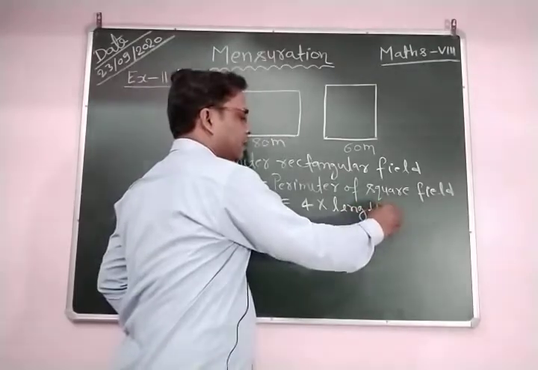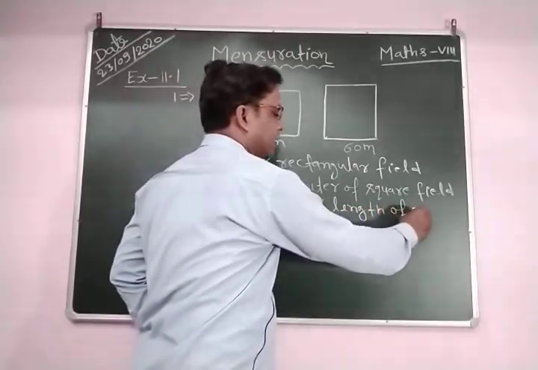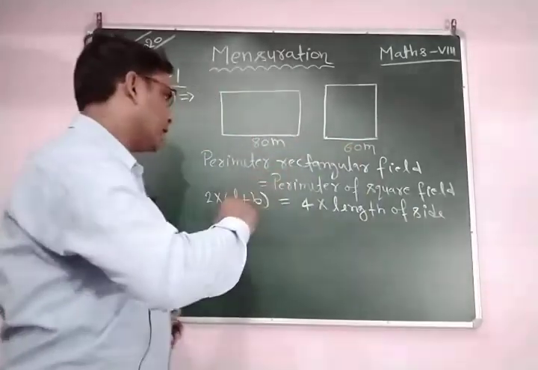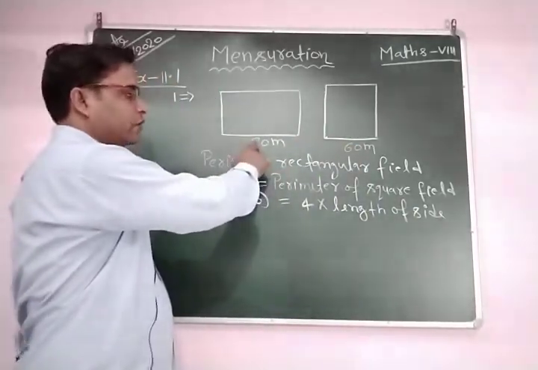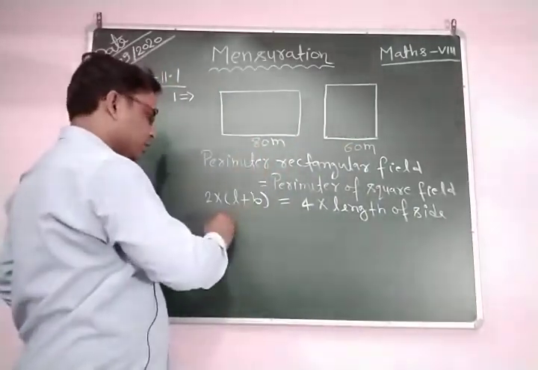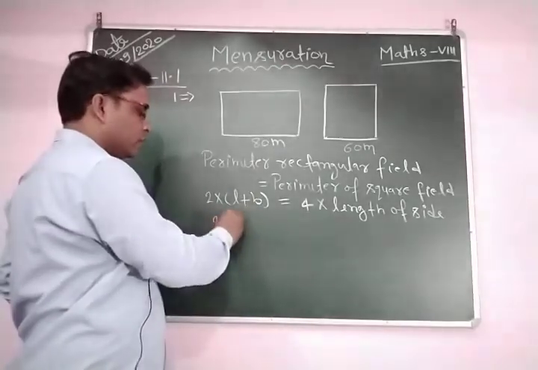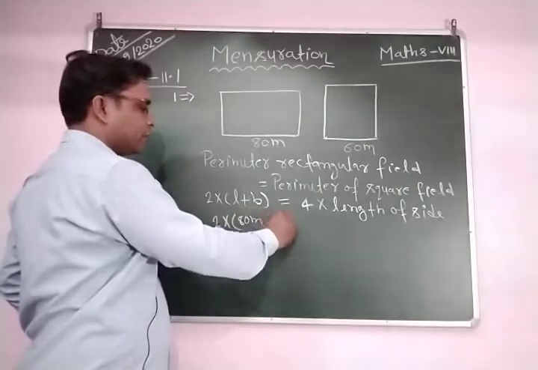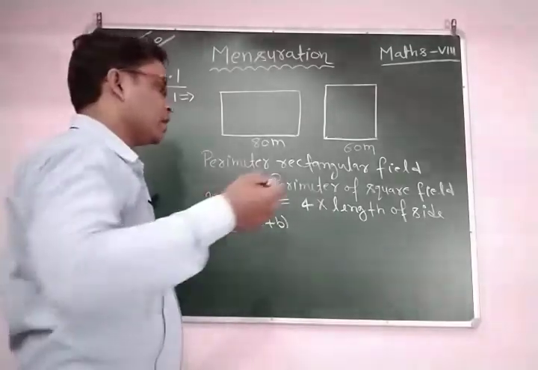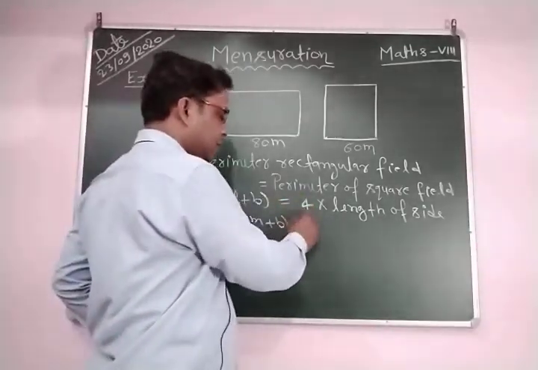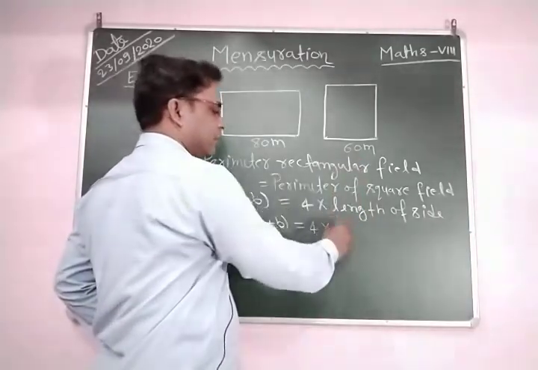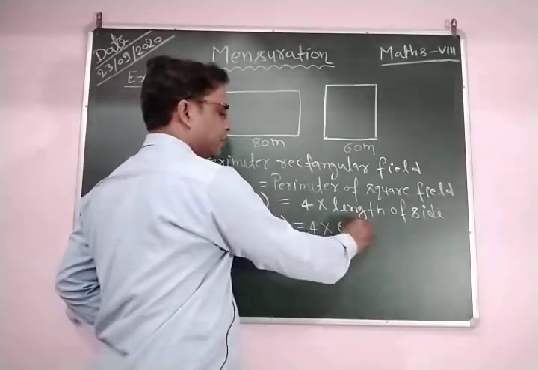Here the length of the side of the square is given as 60 meters, and the length of the rectangular field is 80 meters. So you can write 2 into (80 meters plus breadth, which we need to find), and here 4 into the length of side, which is 60 meters.